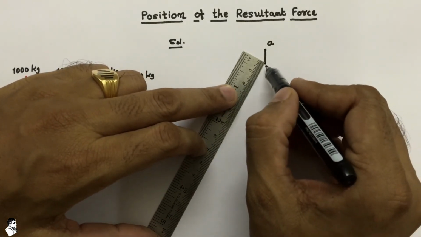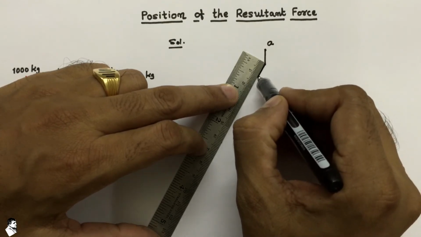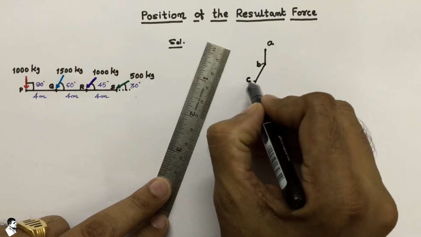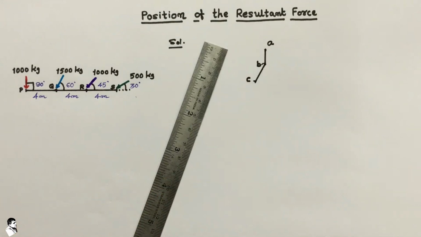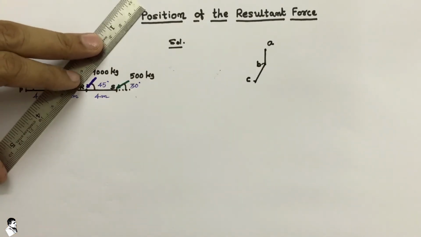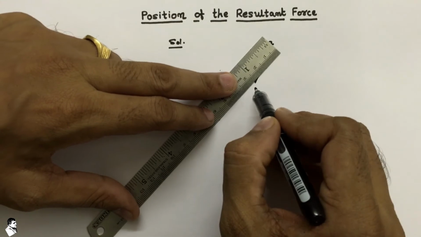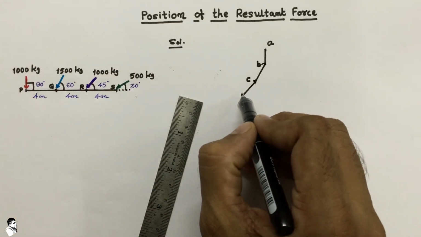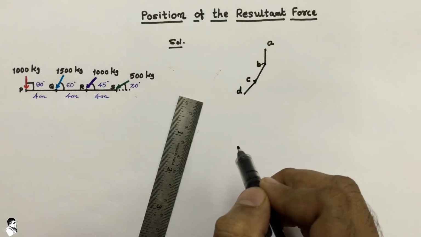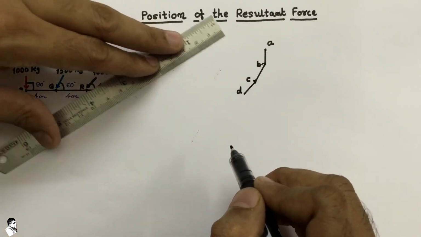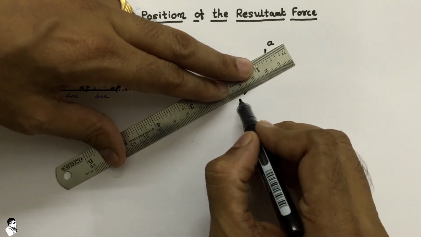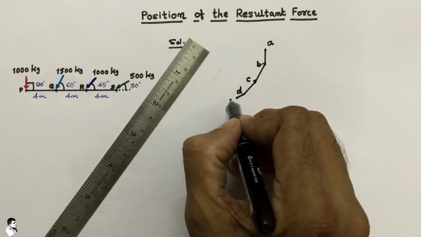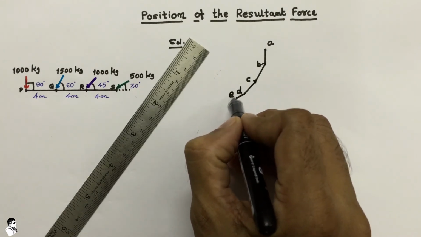The second force is 1500 kg, so we plot a 1.5 centimeter line, and we name this point C. After that 1000 kg again, maintaining that 45 degrees, so again a 1 centimeter line, that is our point D. The last one is at 30 degrees, so we take 500 kg, which is only 0.5 centimeter, and this is our point E that we noted here.